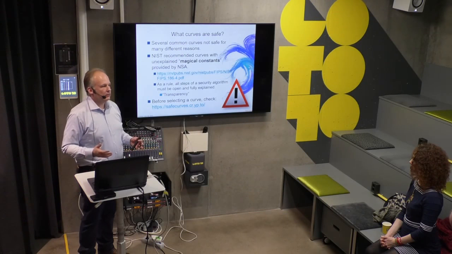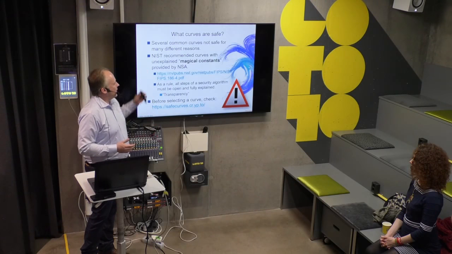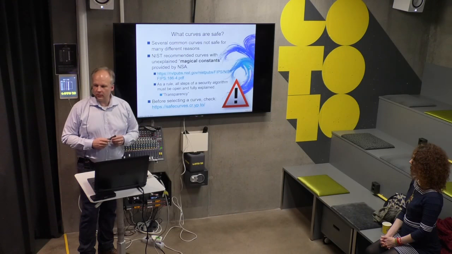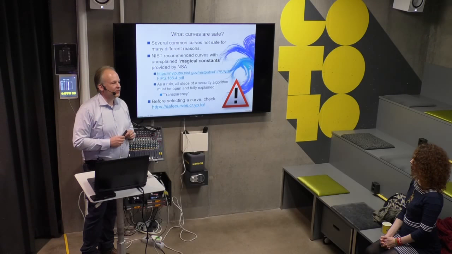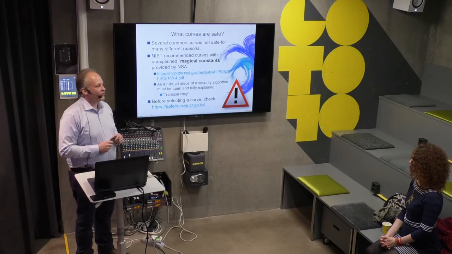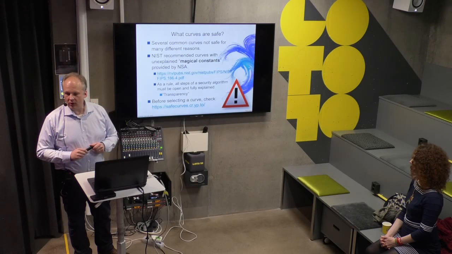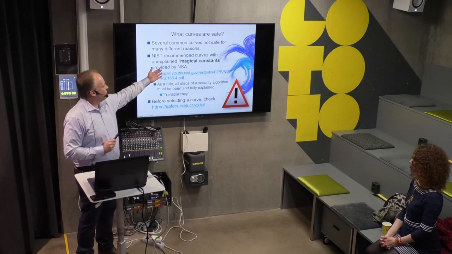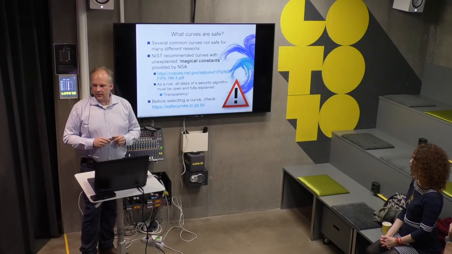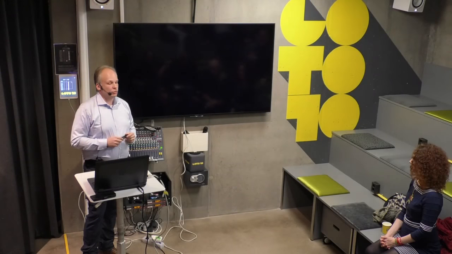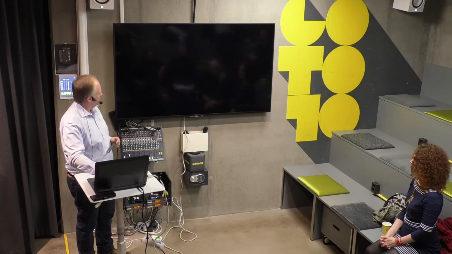But there are huge magical constants in the curves provided by NIST, and funnily enough, it was the NSA who produced these constants to make the curves secure. And so there are many people who argue that these constants probably or possibly have backdoors.